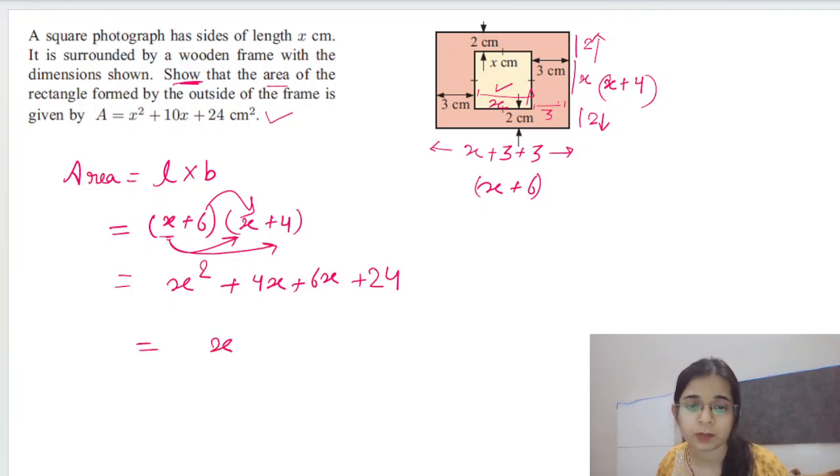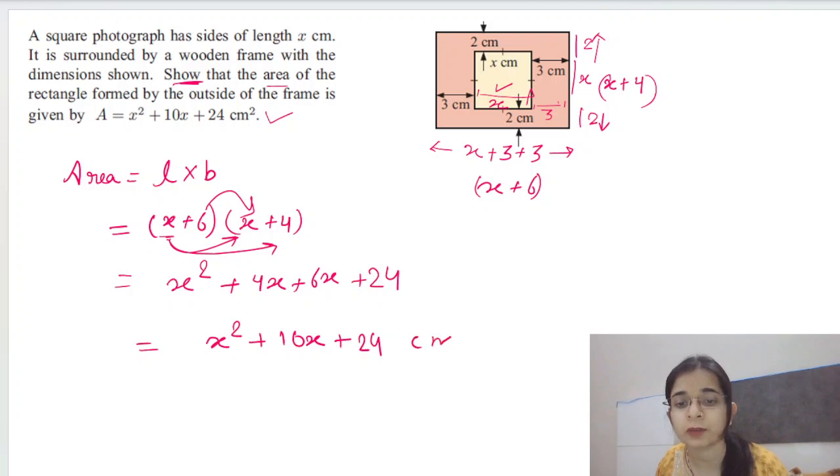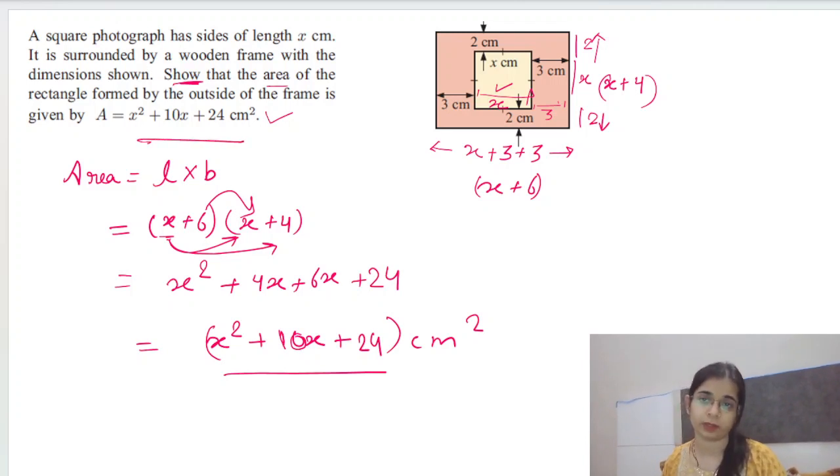Now the middle terms are like ones, so we are going to add them: x square plus 10x plus 24, and obviously we are using centimeters. This expression represents the area of the given rectangle. We have shown that here.